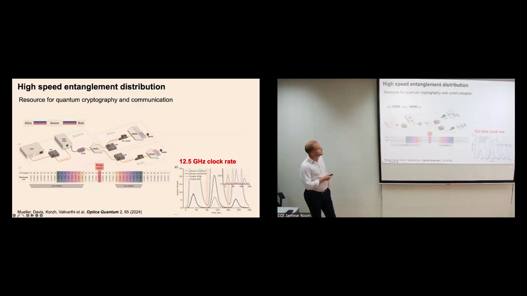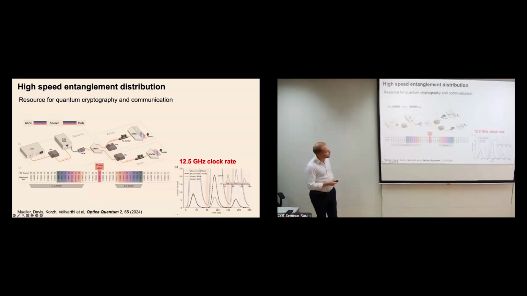The idea here is that pairs are paired up in DWDM channels, so we can create many channels simultaneously. And in this case, we really tried to go at a clock rate that showcases the timing resolution of these new detectors.